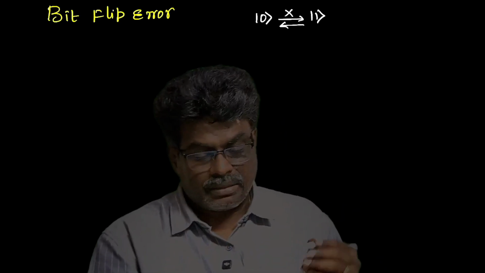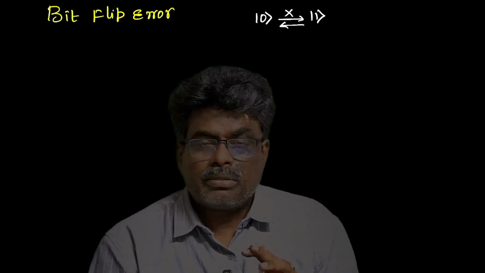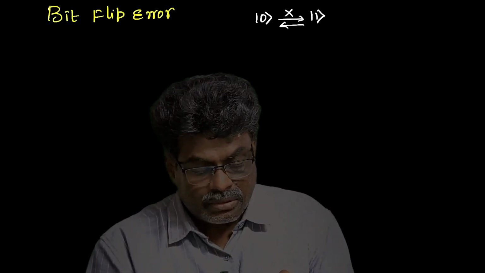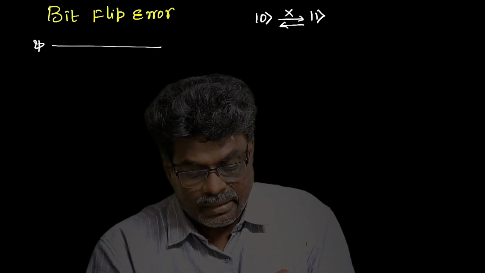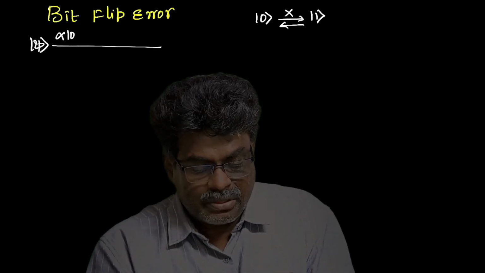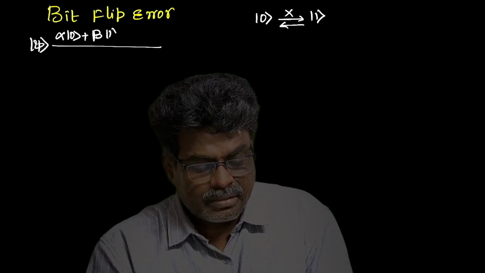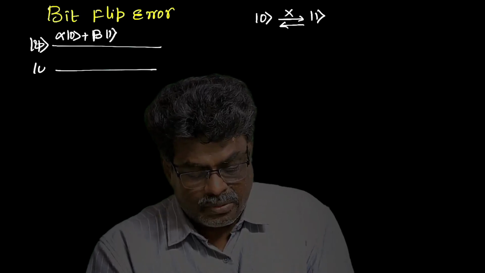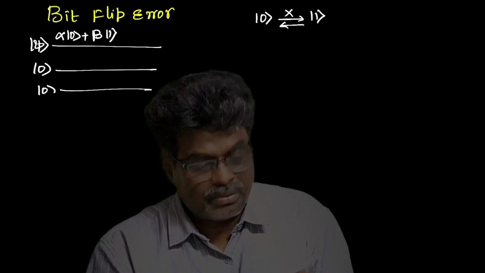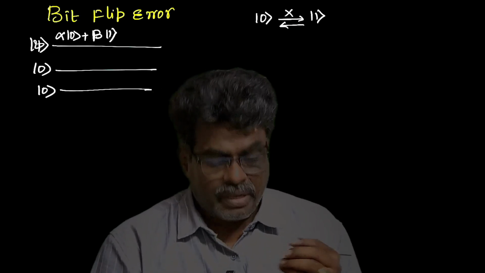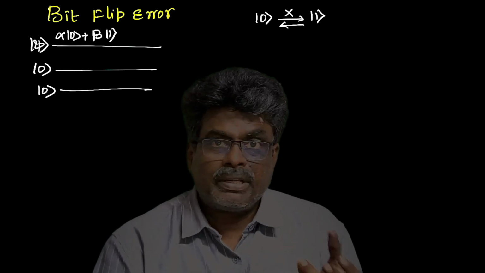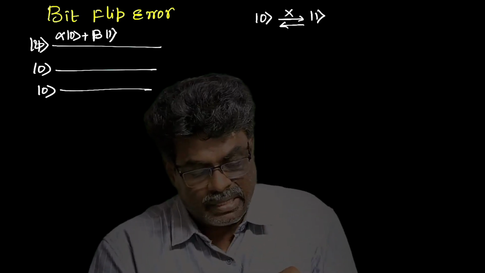Let us start. First I am taking the encoded circuit. Let us say this is psi, which is alpha 0 plus beta 1, and here we have 0, and this is 0. We are taking this repetition of the qubits by using the entanglement technique.